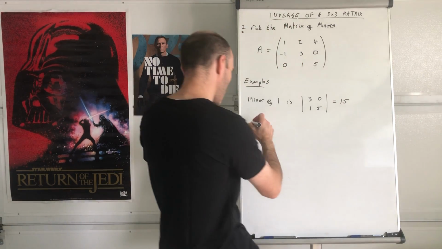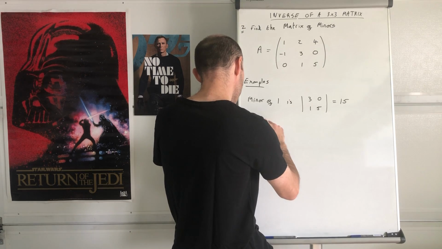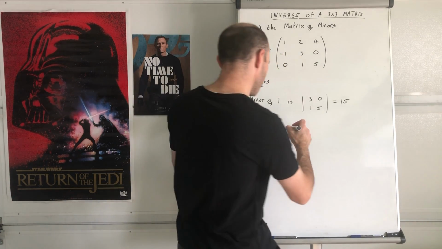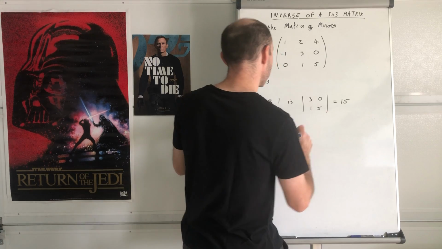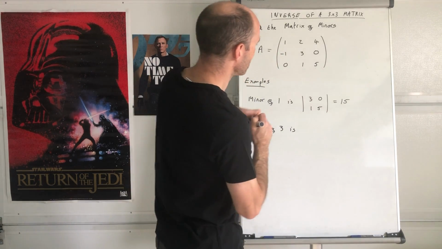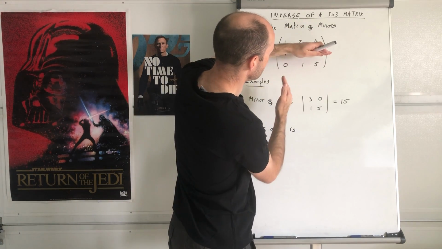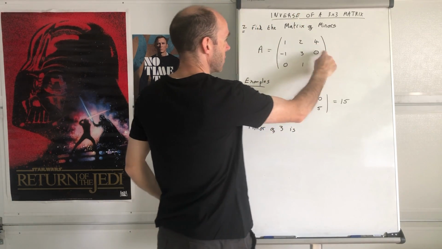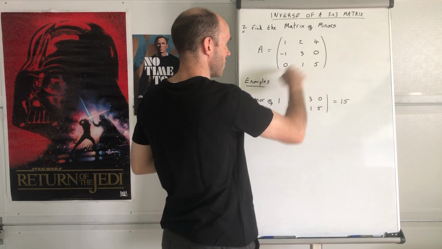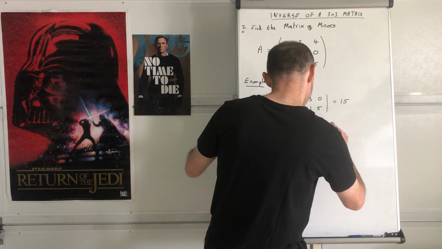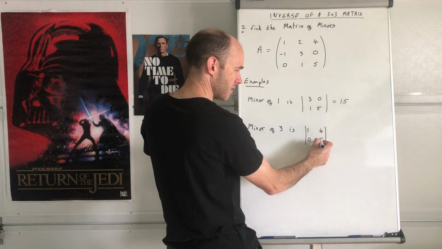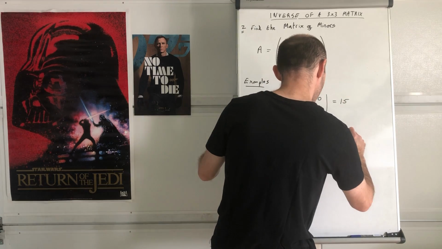Another example. Let's choose number 3 there, one right in the middle. Minor of 3. What we do is same again. We cross out every element in the same row and column as 3, so cross out all of those, and we're left with 1, 4, 0, 5, and we find the determinant of that, which is 1 times 5, subtract 0, so that's 5. Let's do one more.